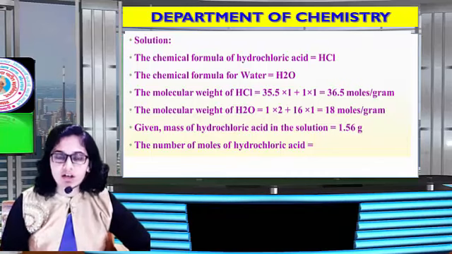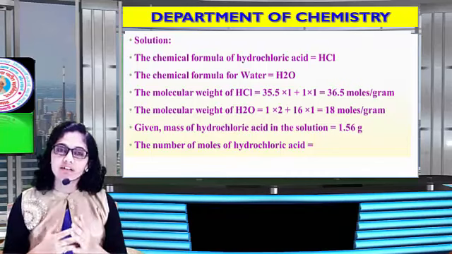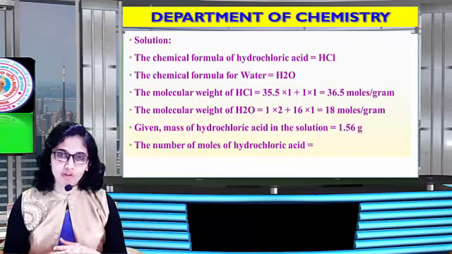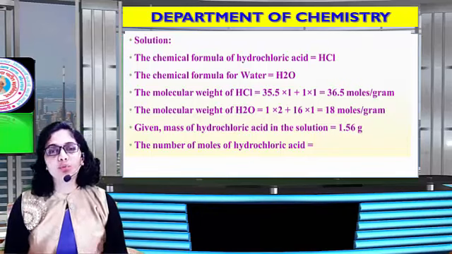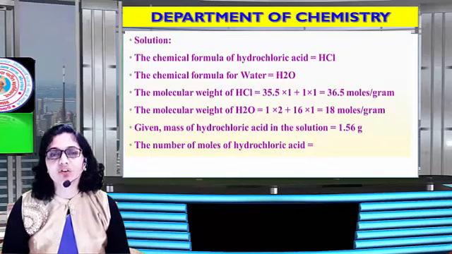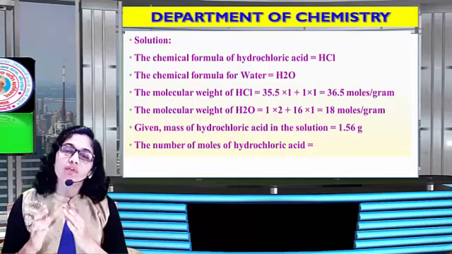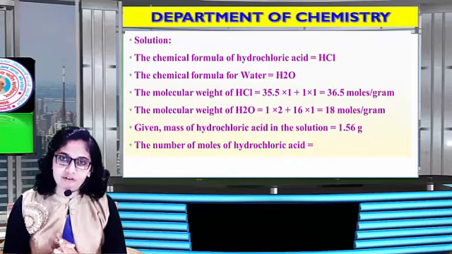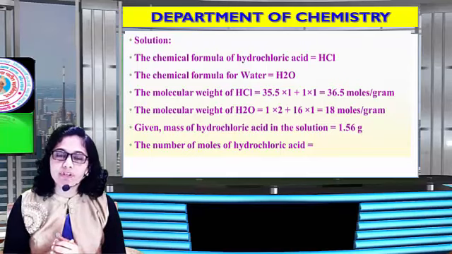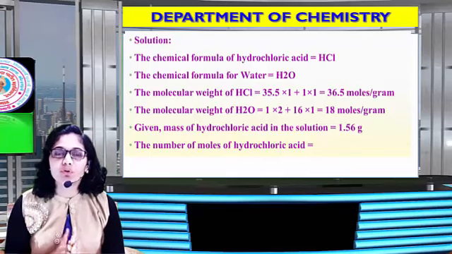We know how to calculate the number of moles. The number of moles is the ratio of weight upon molecular weight. In this case we have the weight, and we don't know the number of moles. We also know the molecular weight of HCl, the solute. So n is equal to weight upon molecular weight.